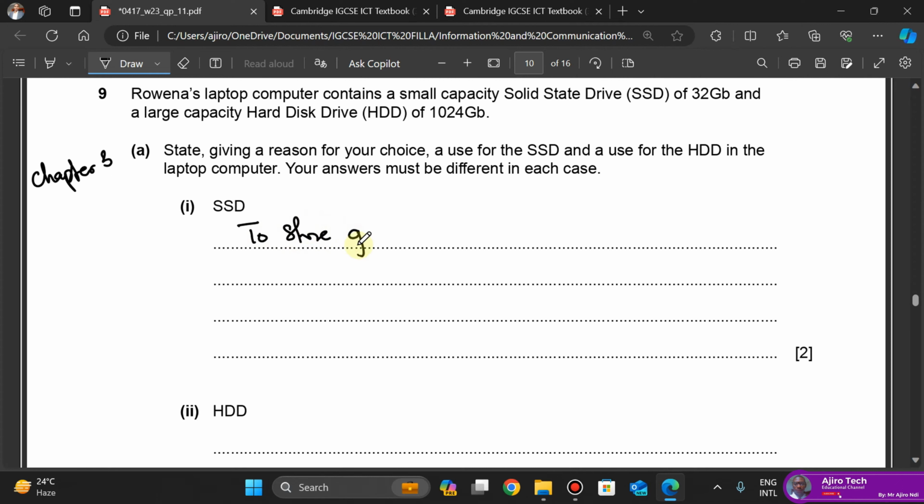I prefer to store games, because it's faster with SSD. State, giving a reason for your choice, to store games. So that's the first point. Now, the reason for my choice of answer is that the game runs faster. In newer laptops, gaming laptops, the games run faster on SSD.